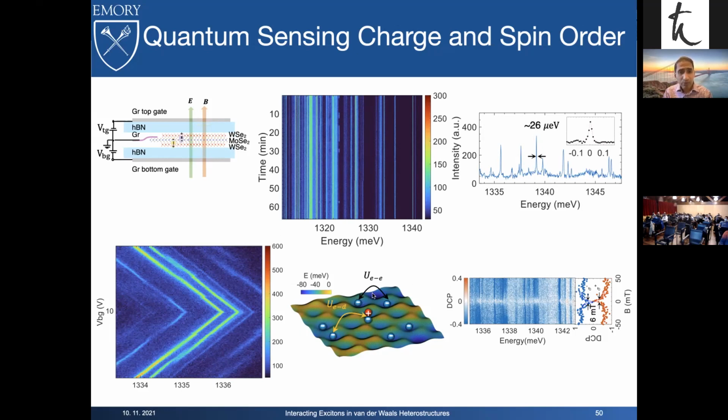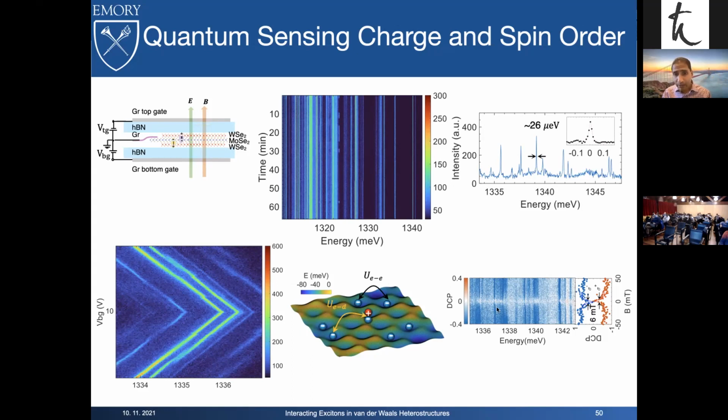So what we want to do is load the moly layer with electrons, and those electrons are going to interact through electron-electron interaction in this Moiré almost flat band, and give you correlated electronic crystals, Wigner-like crystals, due to repulsion. And then we want to use the exciton to probe these electronic states, these crystalline states.